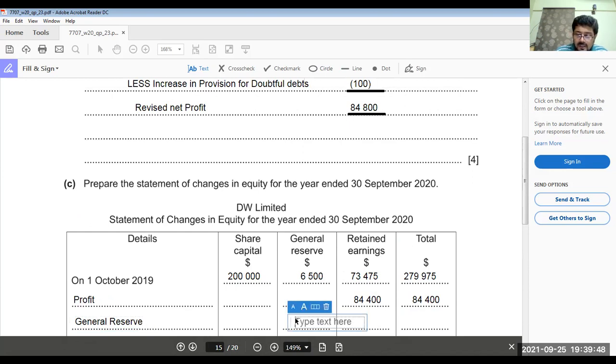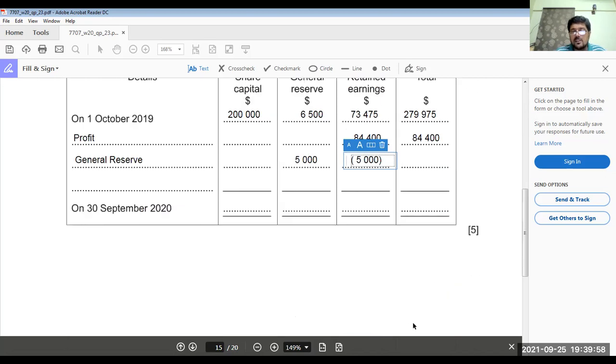So what we do, 5,000 is increased here and 5,000 is going to decrease from here. So there will be no effect. We'll write dash 0 dash. No change. Okay.